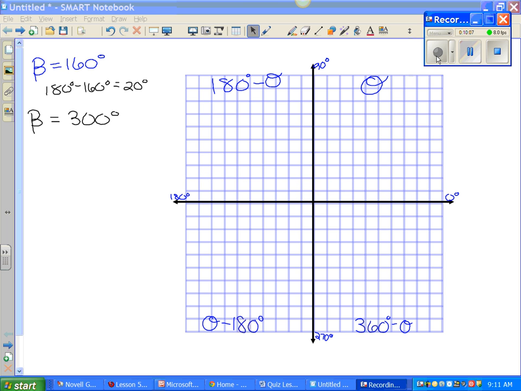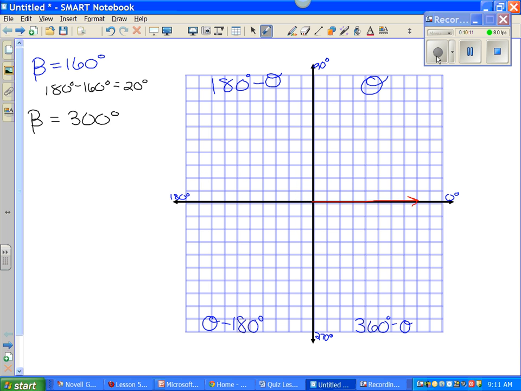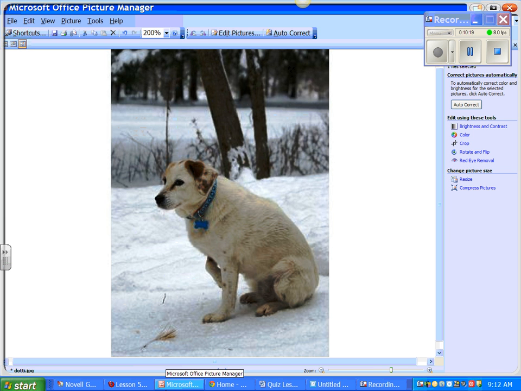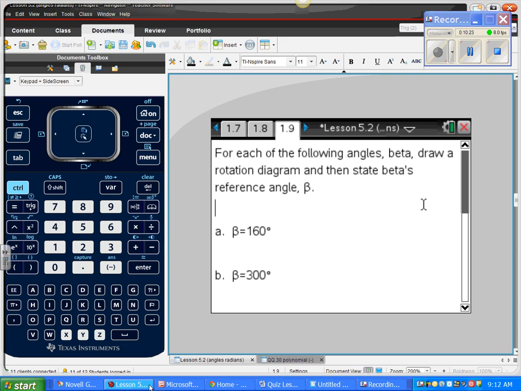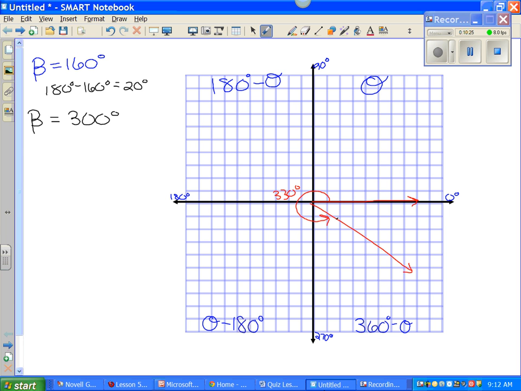All right, so 300 degrees, what quadrant? Fourth, good. So we're talking about here. Here's your rotation, 300. Where's your reference angle? So it's right here. Sorry, did I write 330? I did. I don't know why.